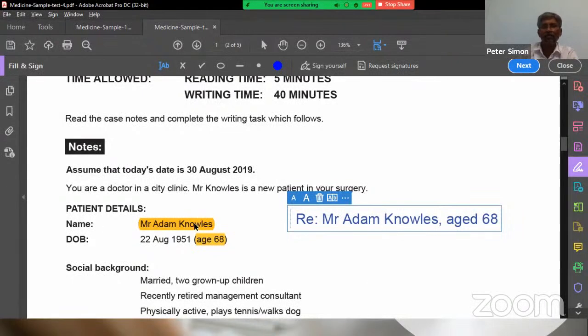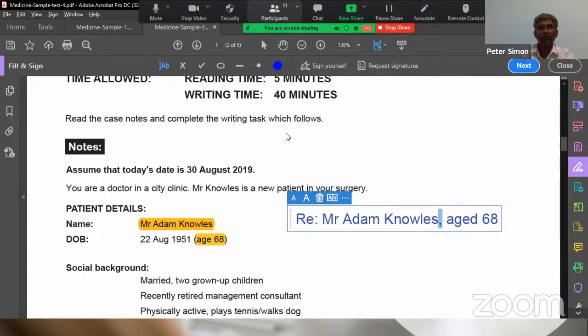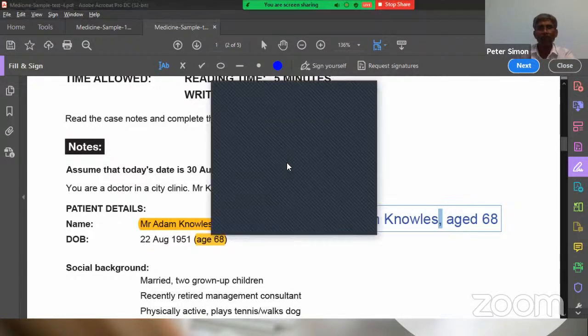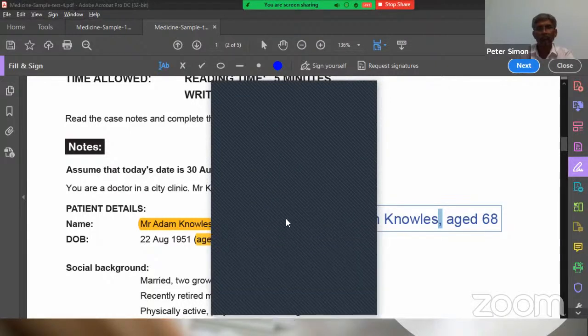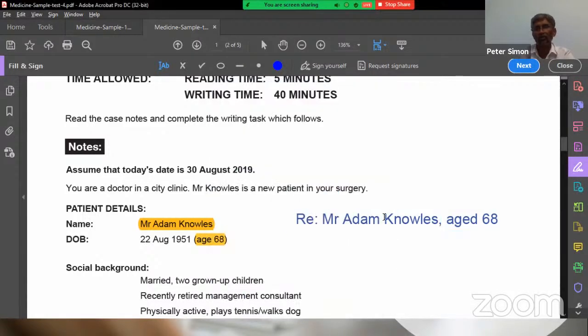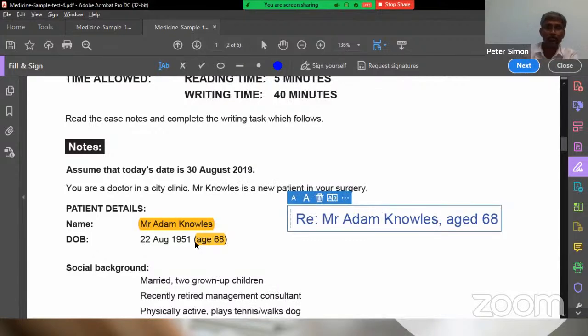Regarding Mr. Adam Knowles, aged 68, and in between there is a comma. Follow that one. You will never make a mistake if you follow this system. These systems are very important.